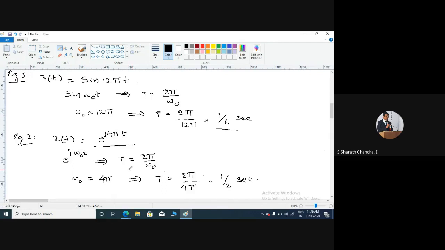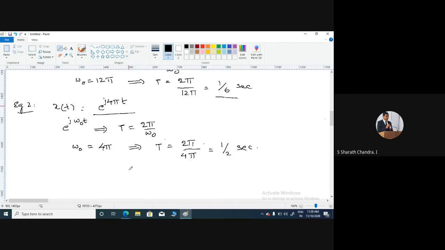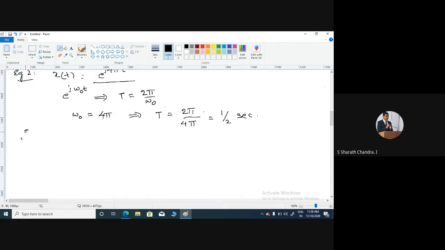Similarly, let us consider another problem on the sum of two signals, where x of t is equal to cos 2t plus sine root 3t. Since we have already discussed these kinds of signals, now I consider x1 of t is equal to cos 2t and x2 of t is equal to sine root 3t.